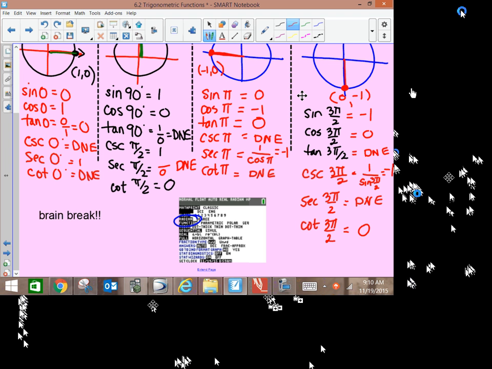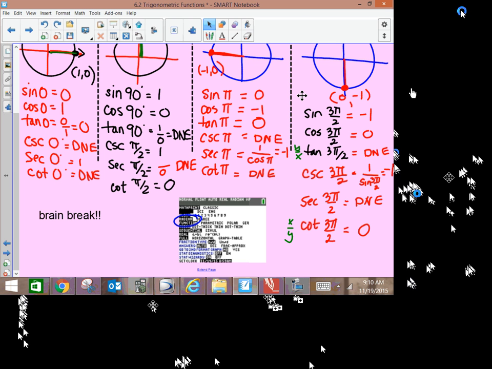You must have had 0 on the bottom, so now you have 0 on the top. If that's confusing, remember x over y as opposed to y over x. So does not exist, because whenever you're flipping around, we don't have anything to flip.